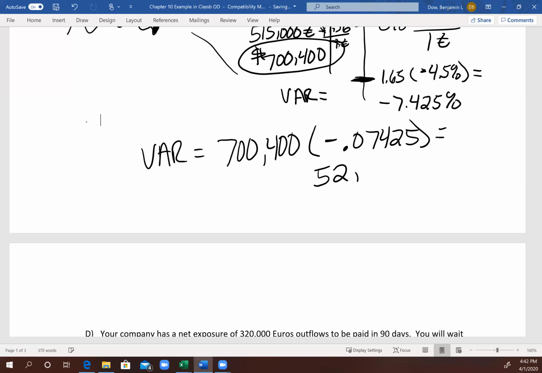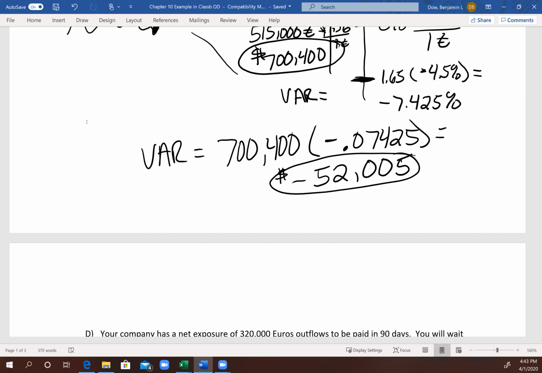Or I could be worse off by about $52,005. So by taking on this transaction, I was happy to conduct the business, but I'm exposing myself to at most about $52,000.